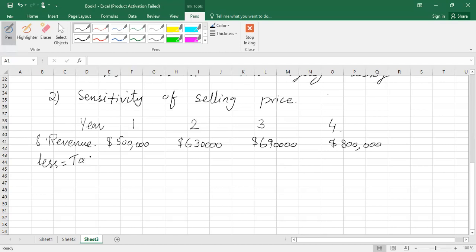We will deduct tax if provided in the question. Suppose the tax rate is 20% and payable at the end of each year, which means tax for year 1 is payable at the end of year 1. So how to deal with this? 20% of this amount, which is 100,000. Then we have 690,000 into 0.2, it is 138,000. It is 160,000.